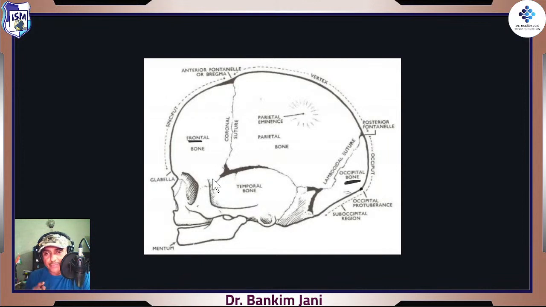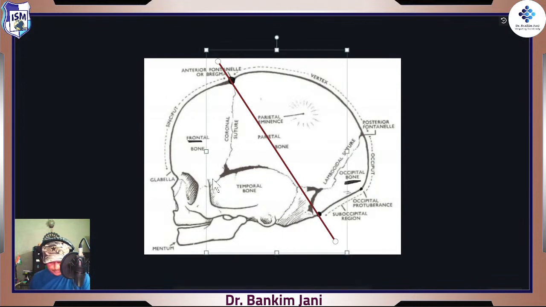We have to measure this point. This is the suboccipital region, under the occipital, and that's the anterior fontanelle. Between the anterior fontanelle and the suboccipital part, let's draw this line.